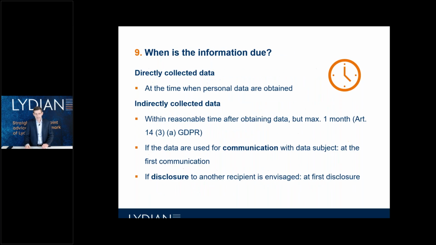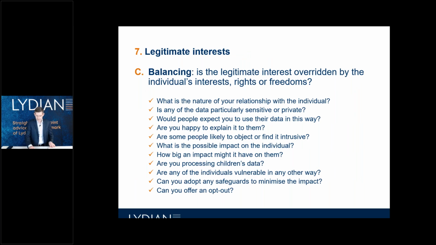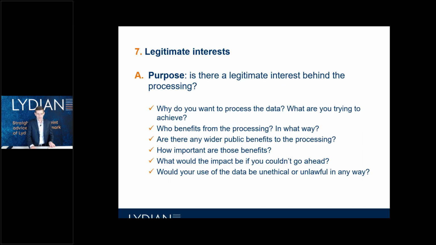What does this three-step test mean? First of all, you have to identify the purpose of the processing. So what is exactly the legitimate interest behind the processing? Why do you want to process the data?